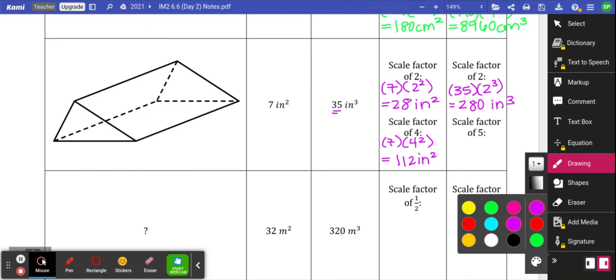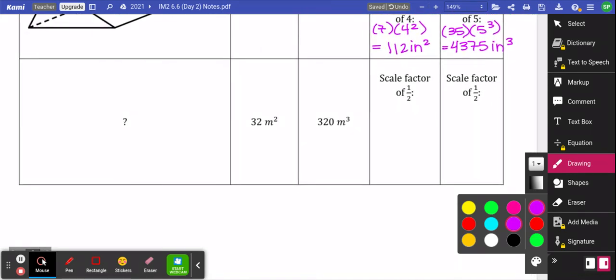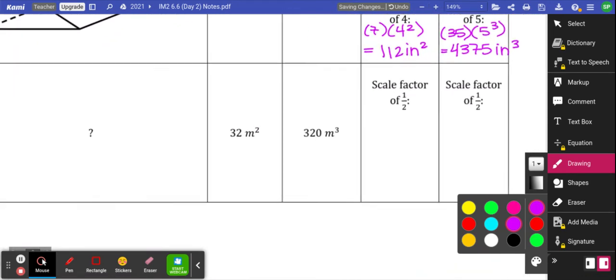And then our scale factor of 5, remember we start with our original volume of 35, and we're going to be multiplying by our scale factor cubed, so our 5 cubed. And that's going to give us a new volume of 4,375 inches cubed.